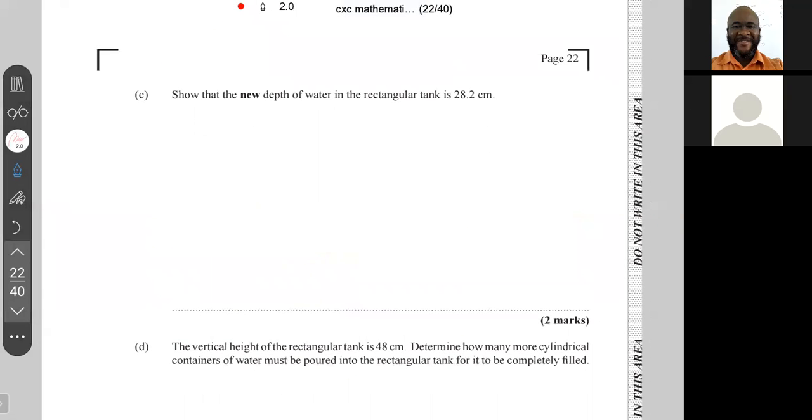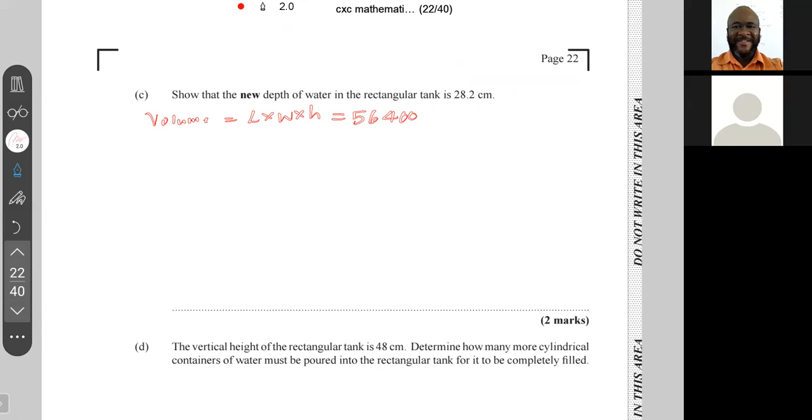Next, we're asked, show that the new depth of water in the rectangular tank is 28.8 centimeters. Guys, the volume of water in the tank is equal to length times width times height, and this is equal to 56,400.